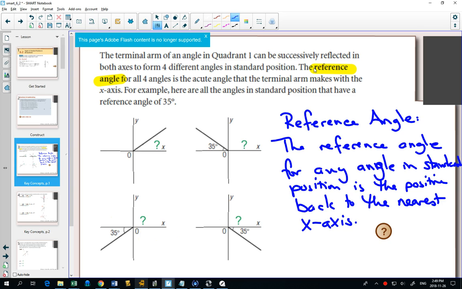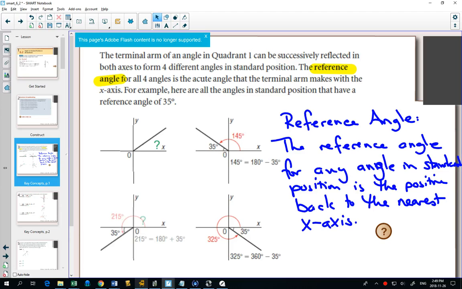So here I have three different angles. In quadrant 1, if I have an angle of 35 degrees, the reference angle is how far is it back to the nearest x-axis? 35 degrees.